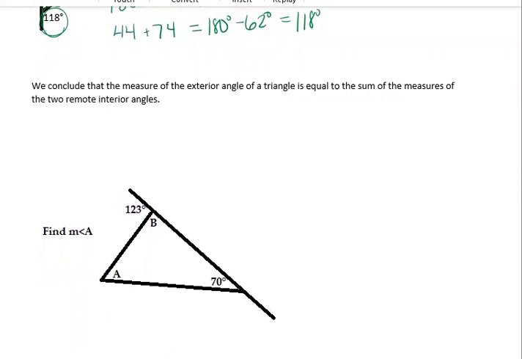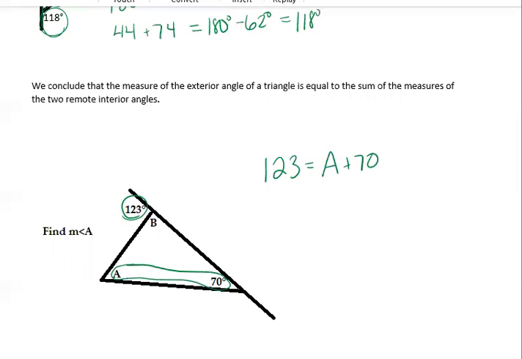So if we have a triangle like this, how can we find the measure of angle A? Well, we can say that we know that these two remote interior angles have to add up to this exterior. So 123 is equal to A plus 70.